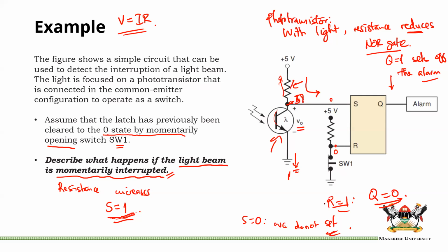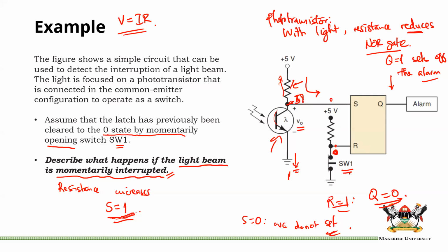Remember that we had cleared this by momentarily opening switch SW1. By momentarily, it means we have put it back. Every time we clear or set, we momentarily change the state of the set or reset, depending on what we're trying to do, and then we put it back in its normal resting place.